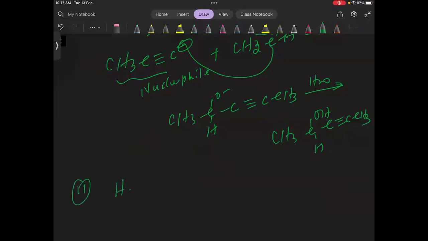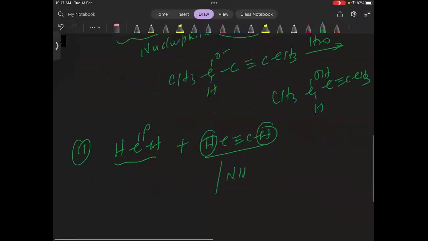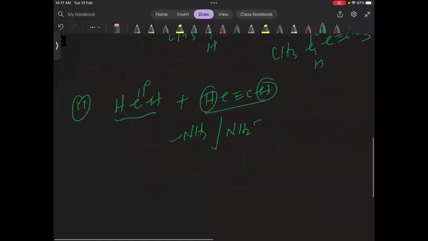One more example here, students. Suppose we have taken formaldehyde, H C double bond O H, and HC triple bond CH, an alkyne which contains two acidic hydrogens. First NH2 negative reacts and forms ammonia, so one side generates the nucleophile, C triple bond CH, which reacts with the formaldehyde.